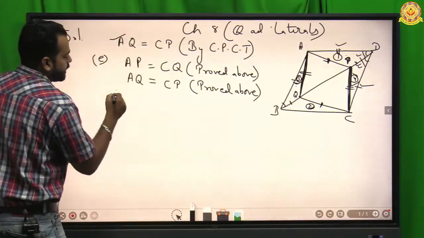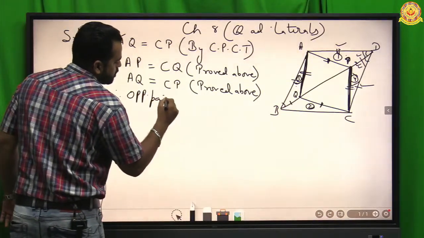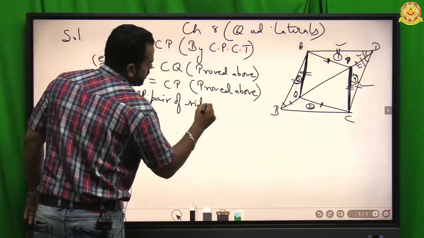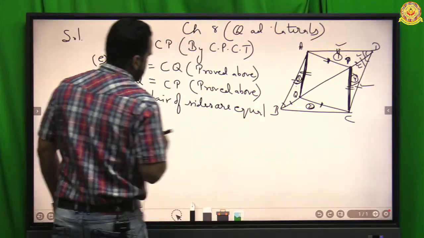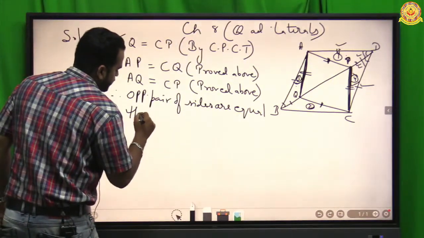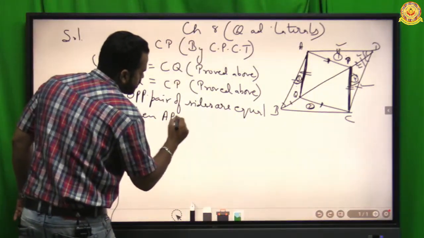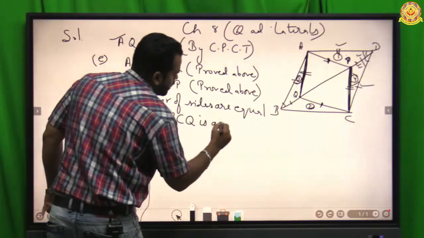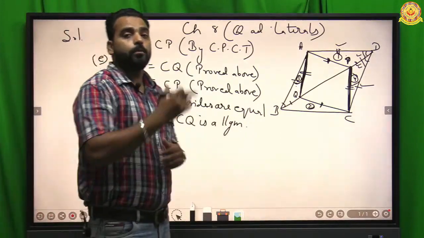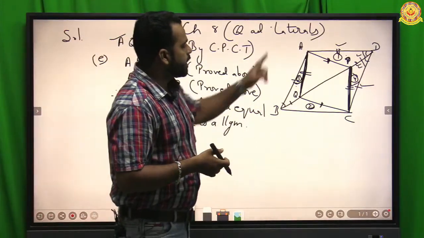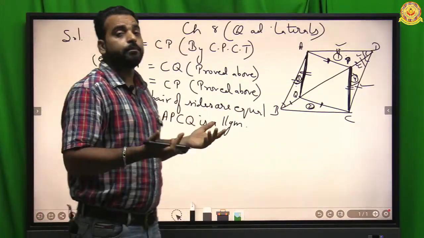So here we write, therefore opposite pair of sides are equal, then quadrilateral APCQ is a parallelogram. In a quadrilateral, when the opposite pair of sides are equal, like AP is equal to CQ and AQ is equal to CP, so the particular figure which is formed is a parallelogram.